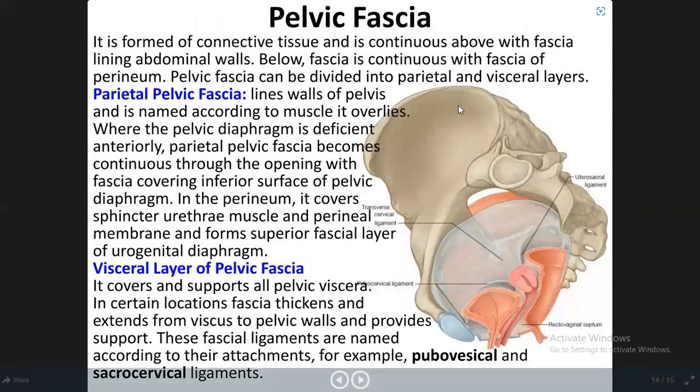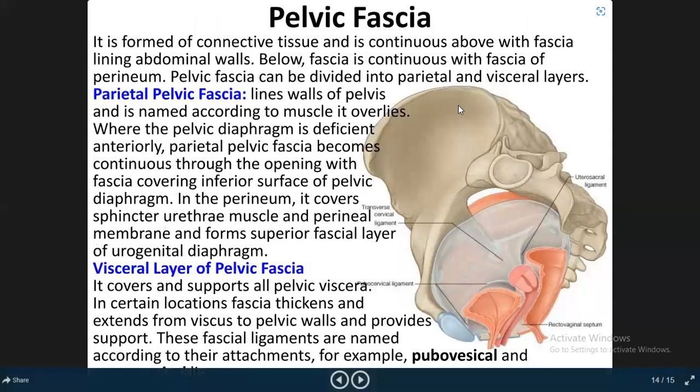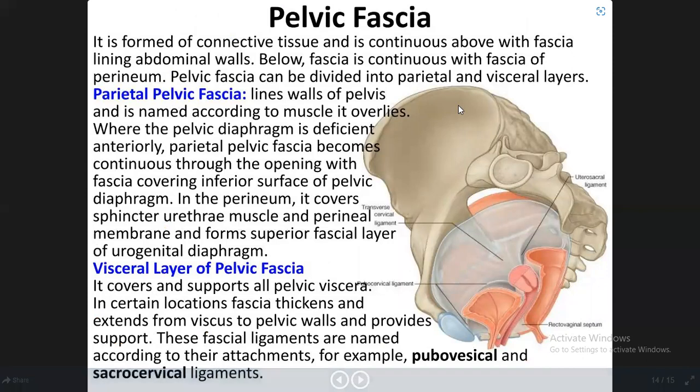Right. Then there's the pelvic fascia. The pelvic fascia is formed as a continuation with the fascia that lines the abdominal wall, right? In particular, the parietal layer is a continuation of the fascia transversalis from the anterior abdominal wall. And in the pelvis, it's going to have different names depending on what it covers.